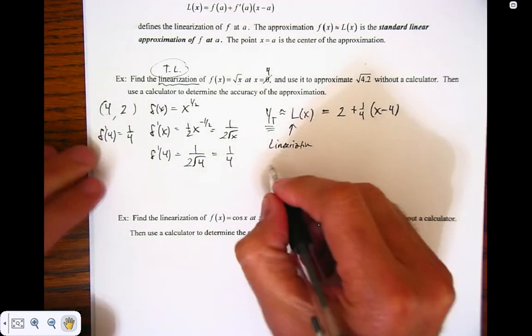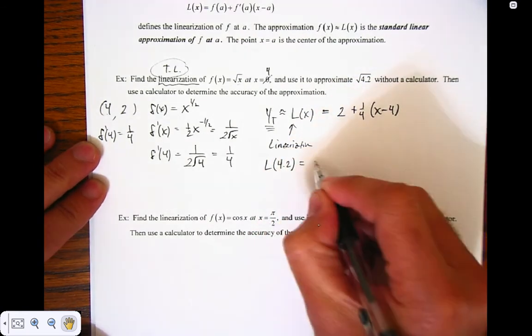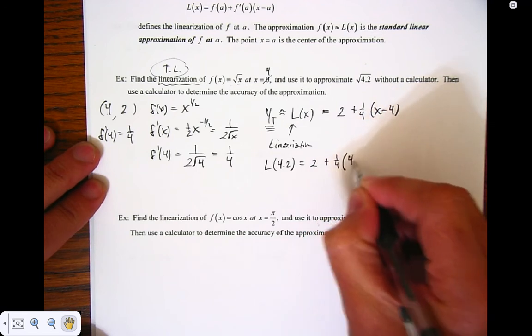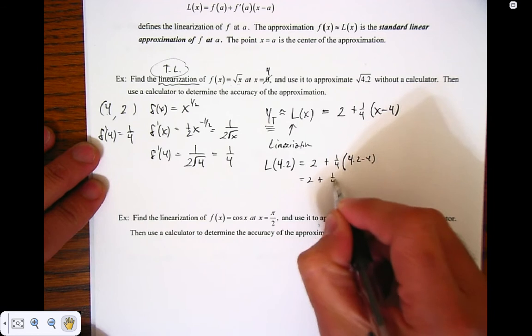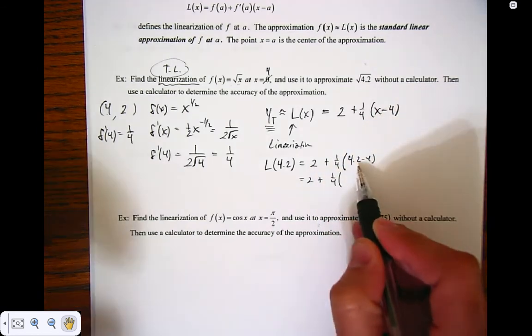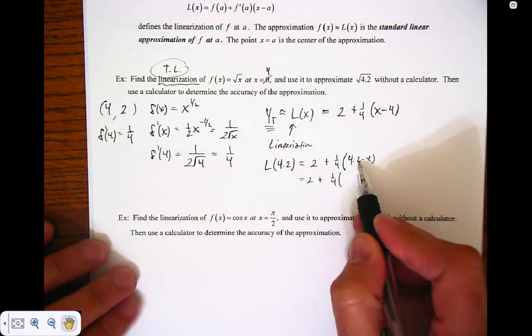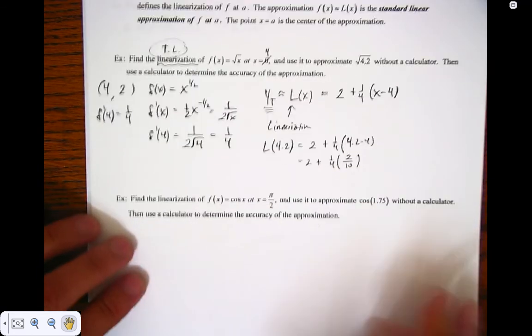Let's find the linear approximation at 4.2. It's going to be equal to 2 plus 1/4 of 4.2 minus 4. This is simple stuff without a calculator. You get 0.2. Hopefully you know that 0.2 is 2/10. Might have been a while, but that's where we're at.